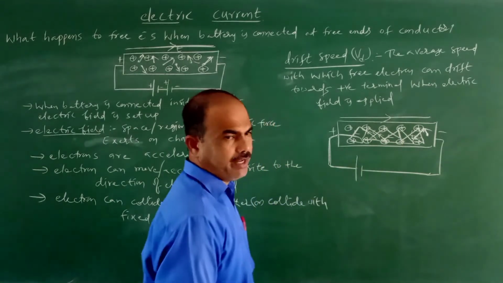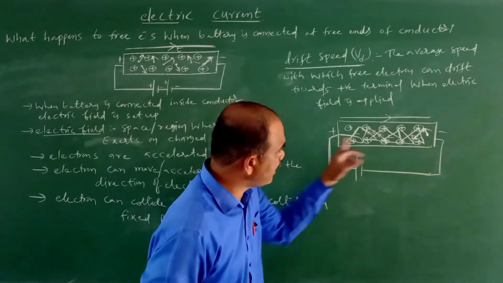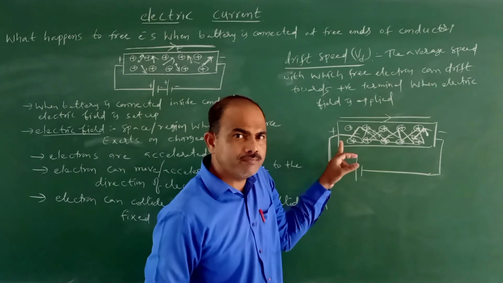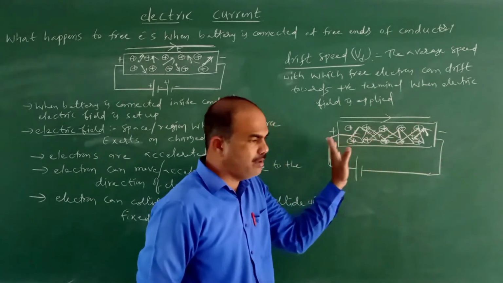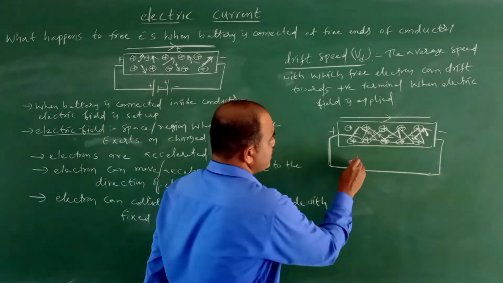So finally that electron is moving opposite to the direction of the electric field, in a particular direction, and finally it reaches the positive terminal of the battery.